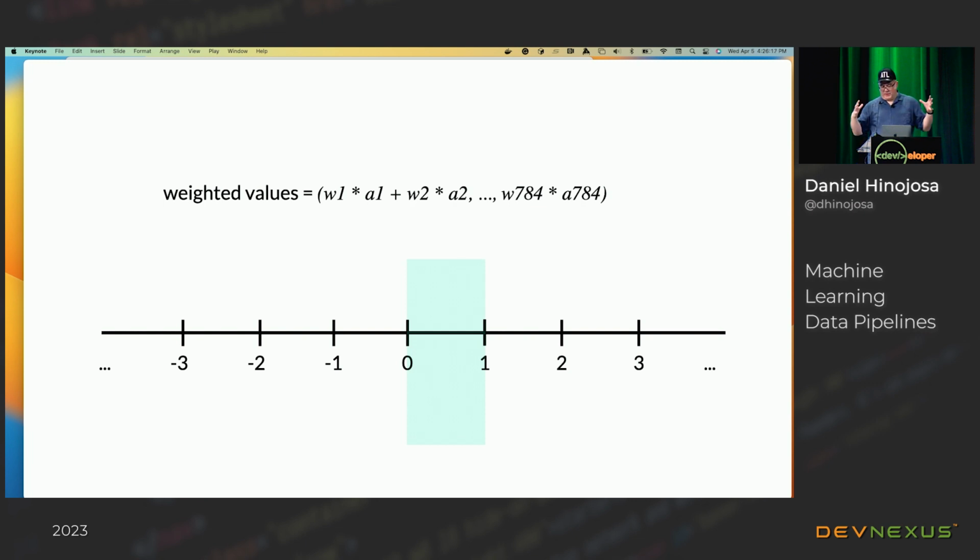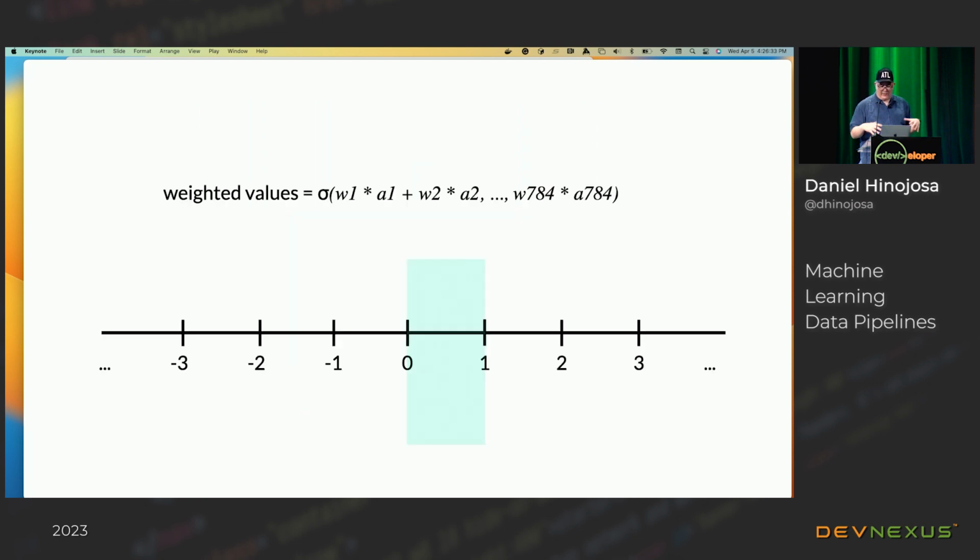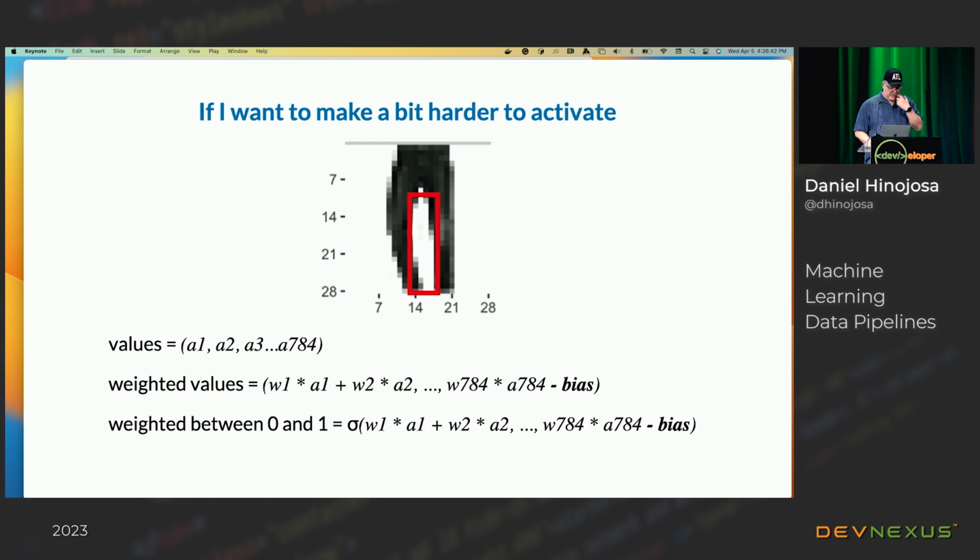We want to bring this down into 0 or 1 space. So what we're going to do is apply a sigmoid function. As you can tell here, this one is between 0 and 1, an S-curve in this particular image, but we want everything around that particular space to be 0 or 1. So we'll put that in a sigmoid so that we can smush it within that space.